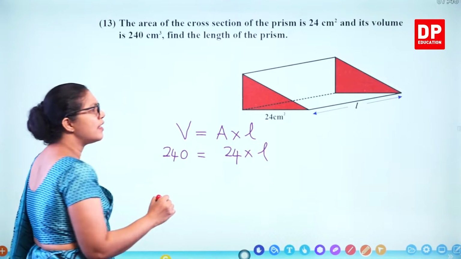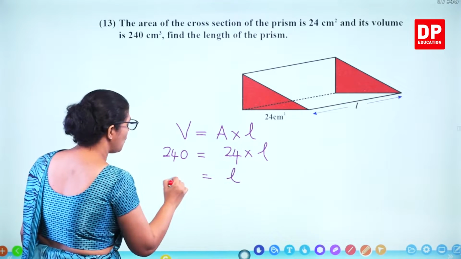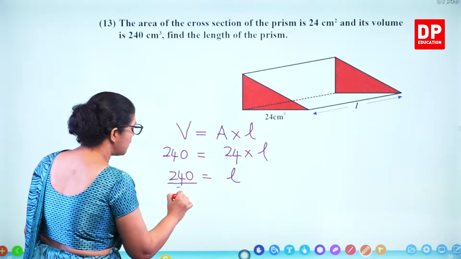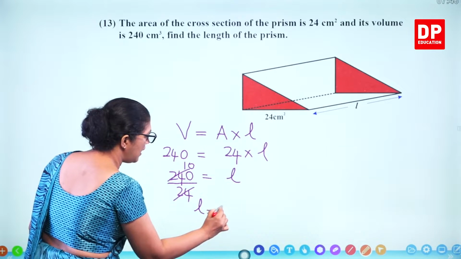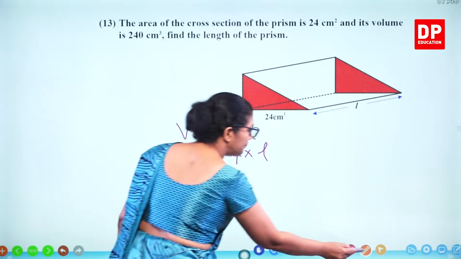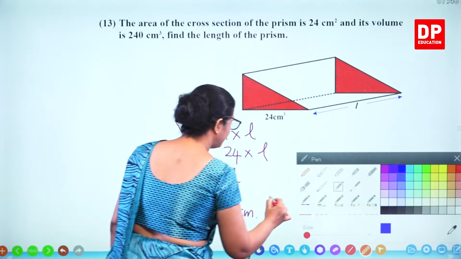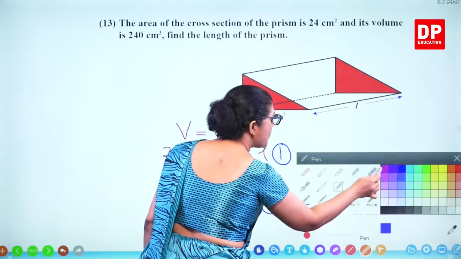You can find out the length. So divide by 24. 240 divided by 24, you get 10. So L is 10 centimeters. So 1 mark here and 1 mark for the method.